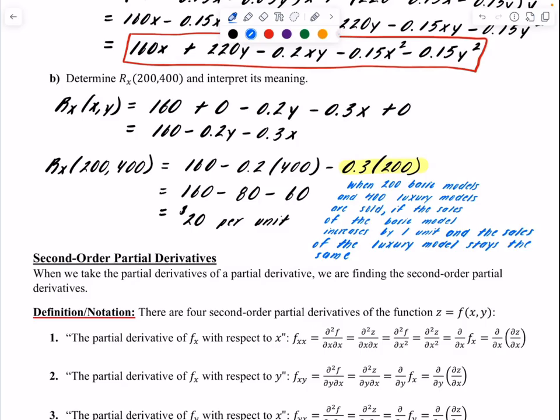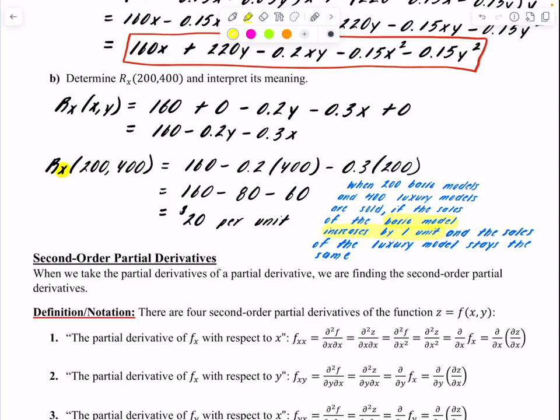Okay, now before I move on to the rest of it, the reason why we write it this way is I'm saying the basic model increases by 1 unit because I'm taking the derivative with respect to x. If I was instead taking the derivative with respect to y, then I would say that the luxury model is increasing by 1.